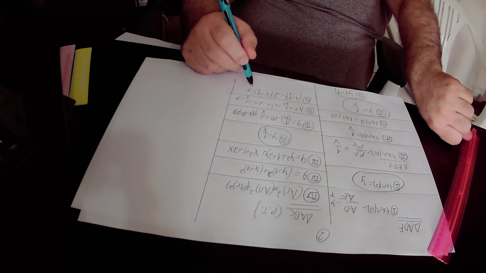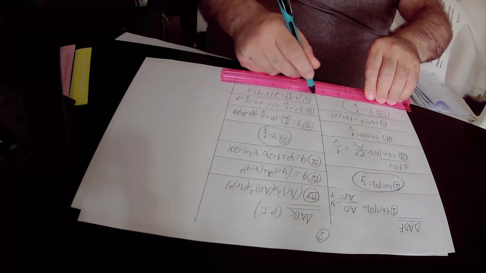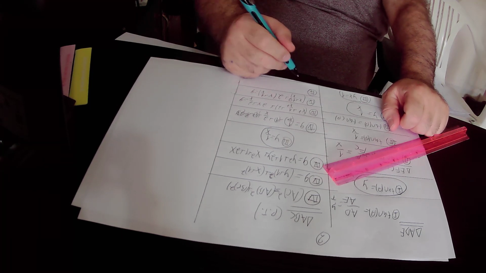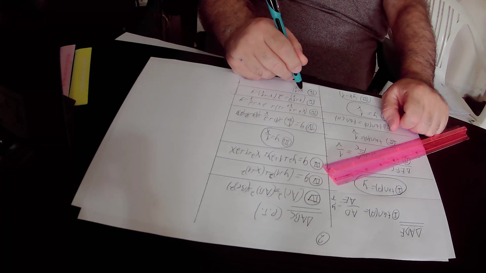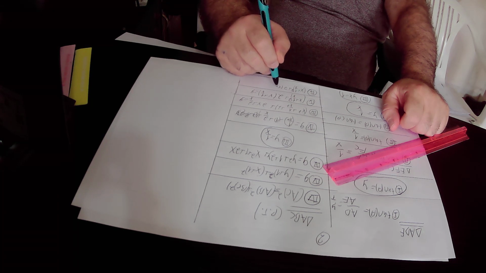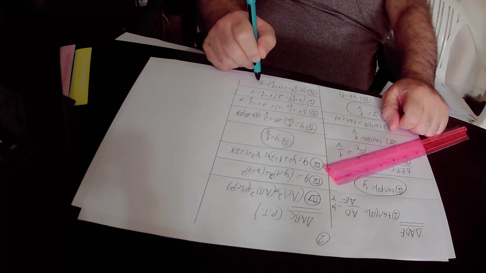Here we subtract 9 from equation number 4, and we will get that x plus 1 over x squared plus 2 times x plus 1 over x minus 9 equals 0.